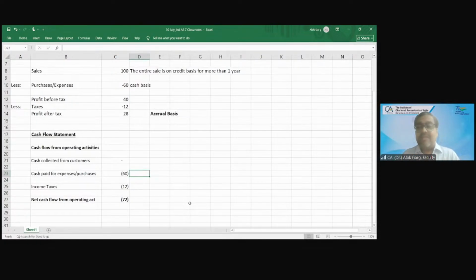In this case, the entity's cash flow from operating activity is negative, which denotes that the entity is not able to generate sufficient cash to run its business. It means the entity is either investing its own funds or using borrowed funds. The entity is using borrowings to fund its general operations.